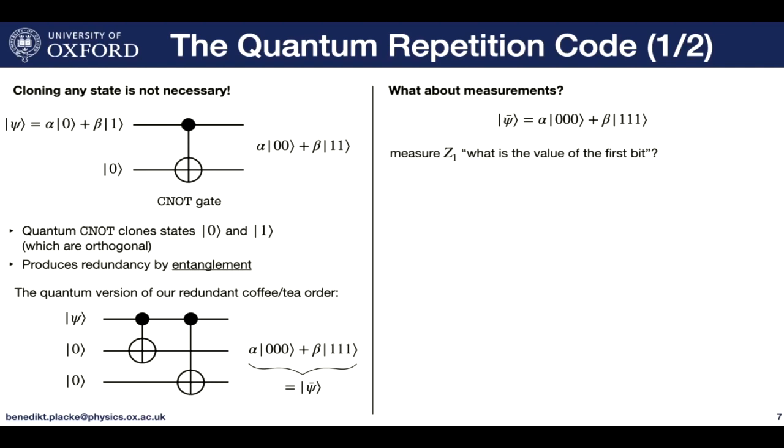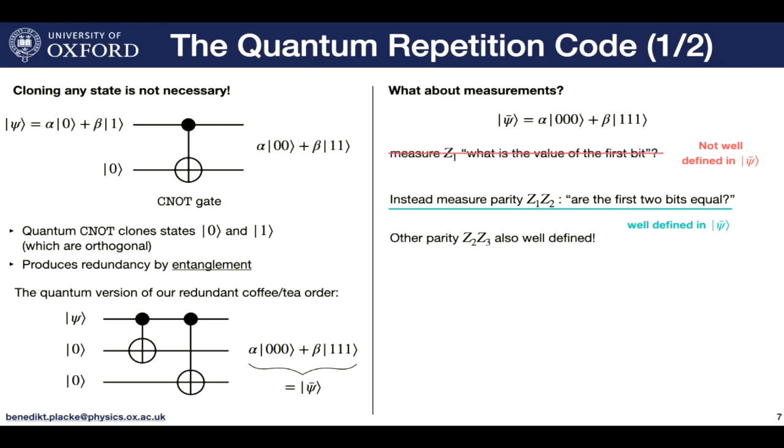Formally this means we measure the operator Z1. Of course, this has no well-defined answer in this state, which means the answer is different for the two terms: the first term would be 0 and the second one would be 1. So if you ask this question and get an answer, the state afterwards will be either 0, 0, 0 or 1, 1, 1. That's the destructive nature of measurements.